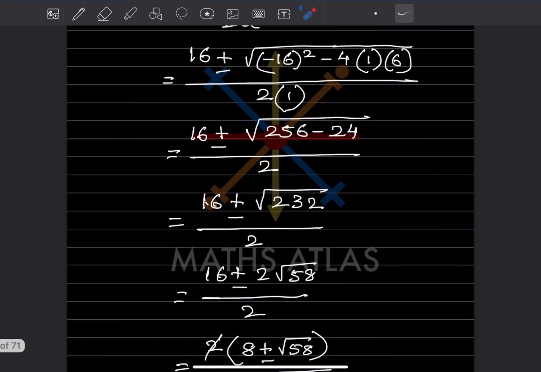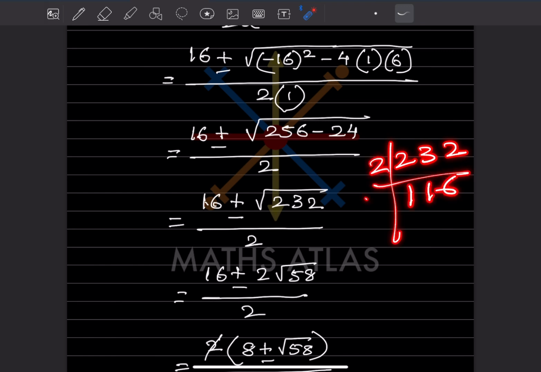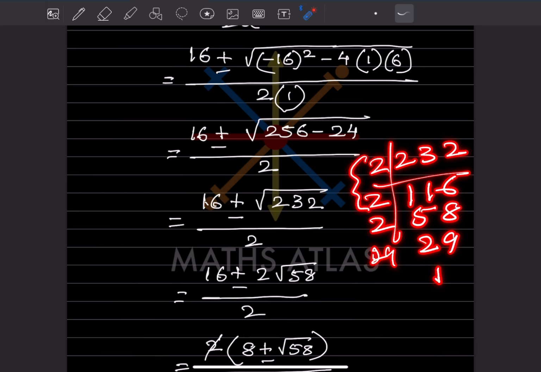Here again you can either put in the value of root of 232 directly, or you can do it like this. We'll find the factors of it. 2 ones are 2, 2 sixes are 12, 2 fives are 10, 2 eights are 16, and 29 twos are 58. So what will you write here? You can make it 4 and 58, because 4 is a perfect square. So that is going to be root of 4 into 58.